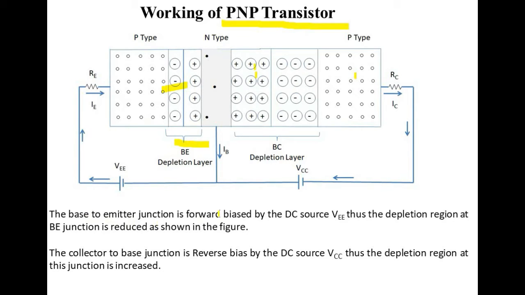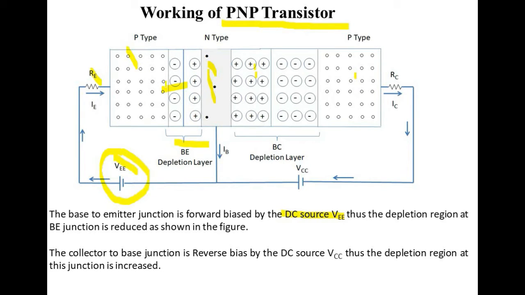The base to emitter junction is forward biased by a DC source VEE. Here we see the polarity of VEE is such that this PN junction is forward biased, because we notice that the P type is connected to the plus terminal and the N type is connected to the minus terminal. It means this PN junction is forward biased.